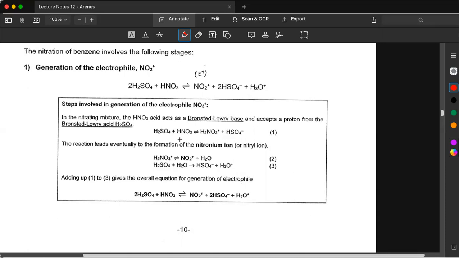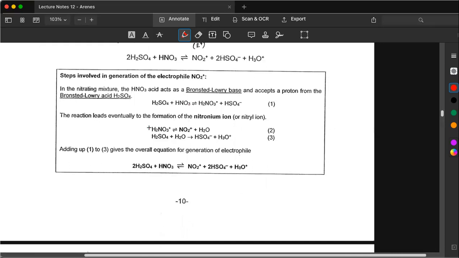Take note that this is a reaction in equilibrium. It's a reversible reaction. And the reaction leads eventually to the formation of the nitronium ion. So the H2NO3+ becomes NO2+ with water released.